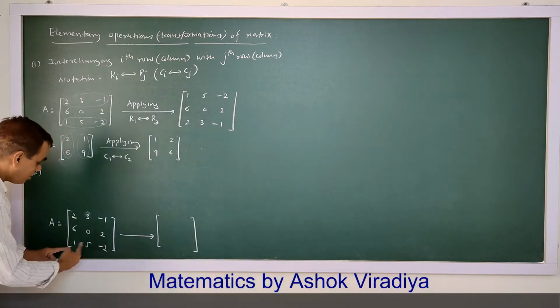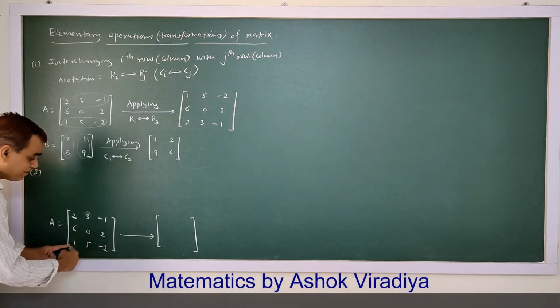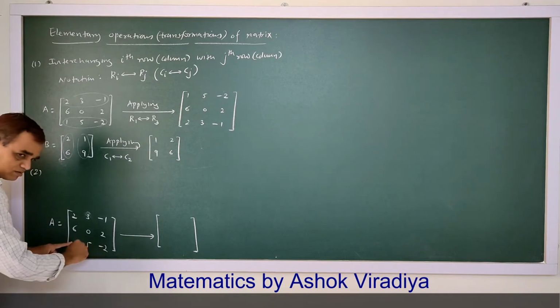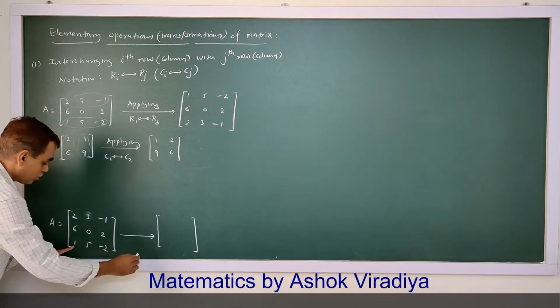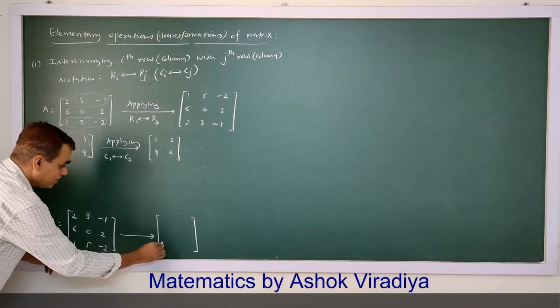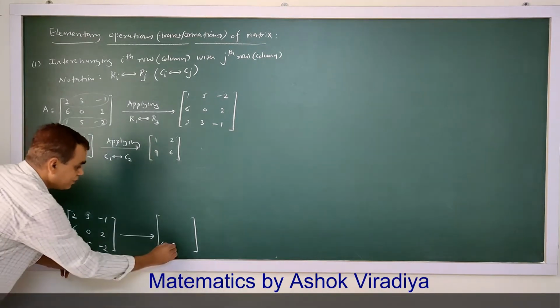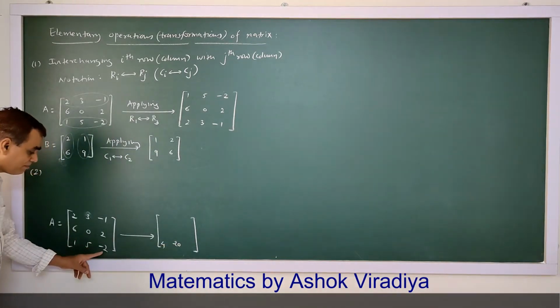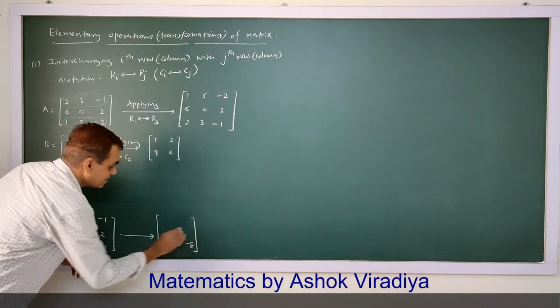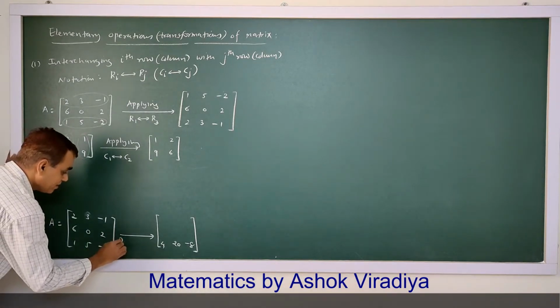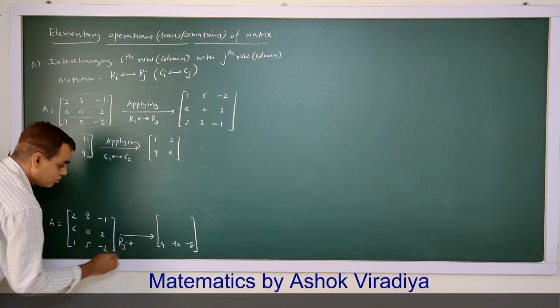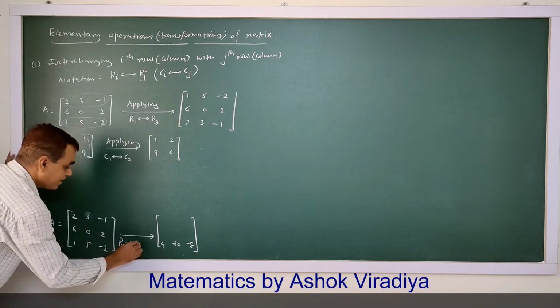Suppose I want to multiply the third row by 4. So multiply this by 4. 1 into 4 is 4. 5 into 4 is 20. Minus 2 into 4 is minus 8. The third row is multiplied by 4. So this is denoted as third row is multiplied by 4.